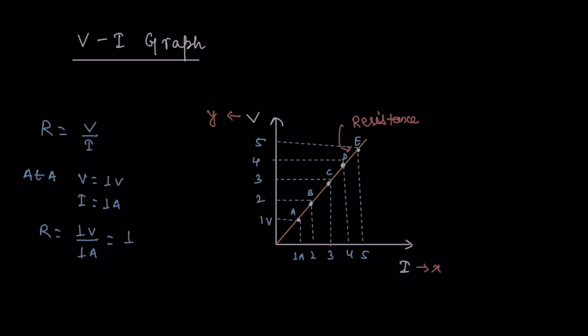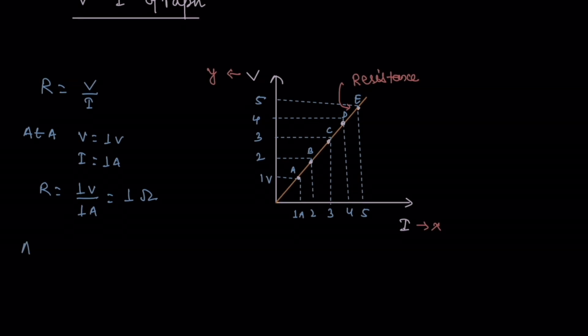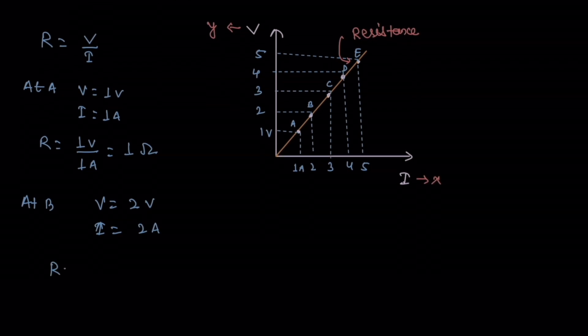So 1 ohm. Ohm is the SI unit of resistance and this symbol is called omega. At B, V is equal to 2 volt and the current is 2 ampere, so again resistance we are getting as 1 ohm.